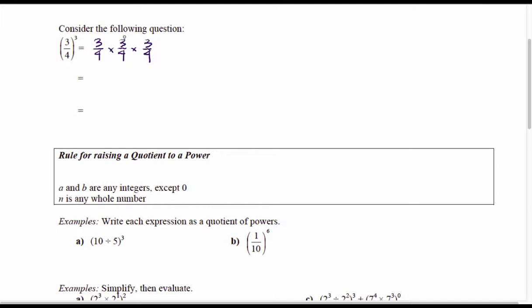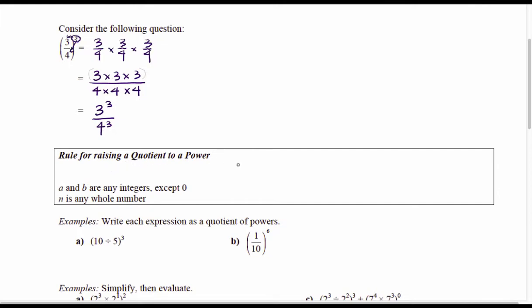And if we remember back to how we multiply fractions, we multiply across the numerators, so 3 times 3 times 3, divided by, multiply across the denominators, 4 times 4 times 4. Well, that can be simplified in that we know the 3 times 3 times 3 is simply 3 to the power of 3, and then the denominator is 4 to the power of 3. So the 3 here, just like with multiplication, has been distributed to both the 3 and the 4.